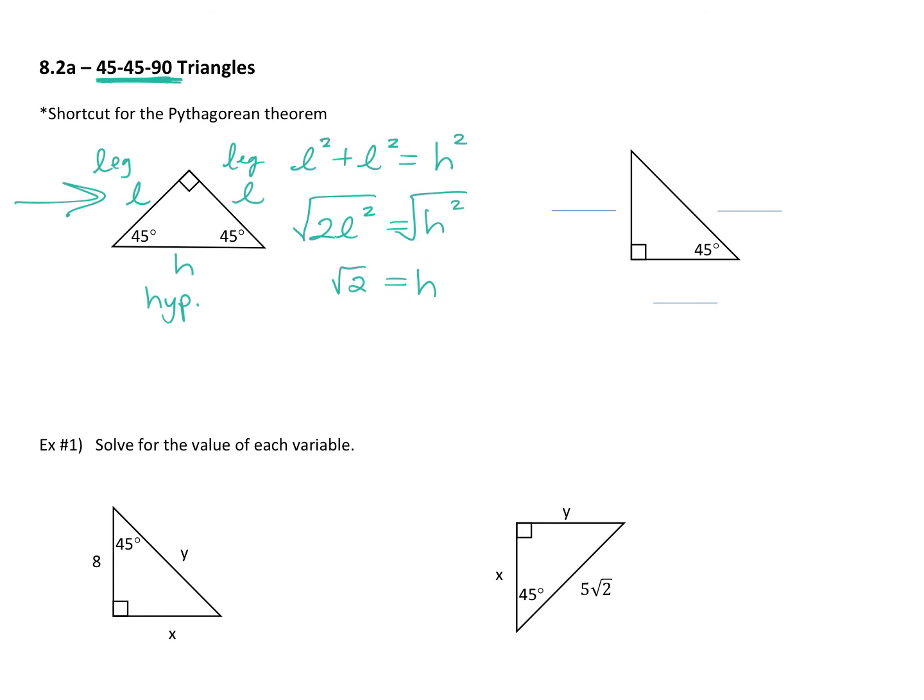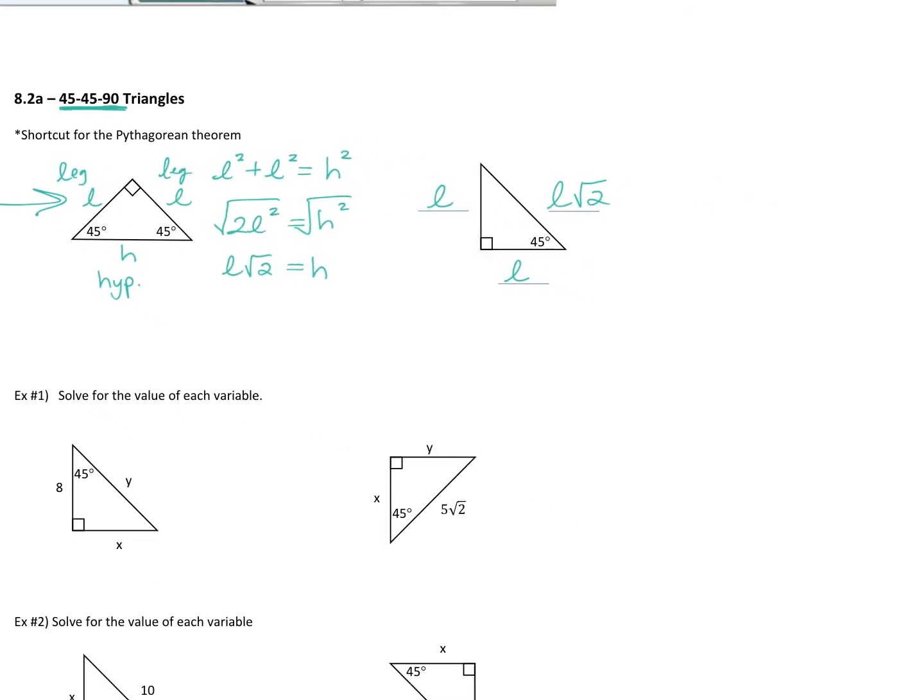L, right? If you square root something that's been squared, it's just the number we already have. So I'm going to put that out in front. That means in every single 45, 45, 90 triangle, there is always a relationship to your leg length. Whatever the length of this leg is, the hypotenuse is that length of the leg times the square root of 2 every single time, okay?